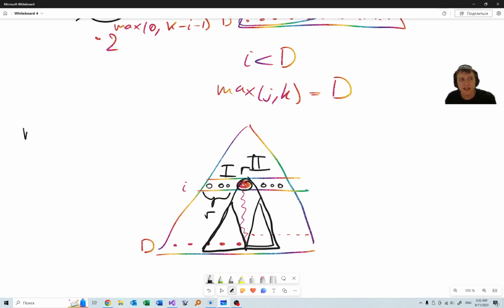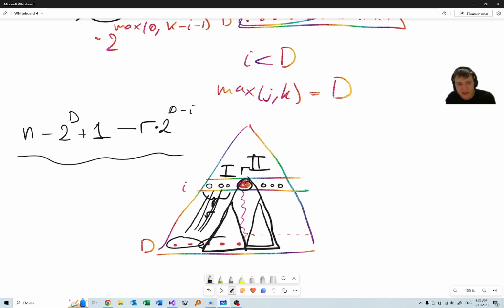It is like n minus 2 to the power of D, but plus 1, I guess. This is the total number here. After that, you need to subtract r times 2 to the power of D minus i. This is the number of vertices here, which correspond to vertices here. So this is the number of vertices in this place.